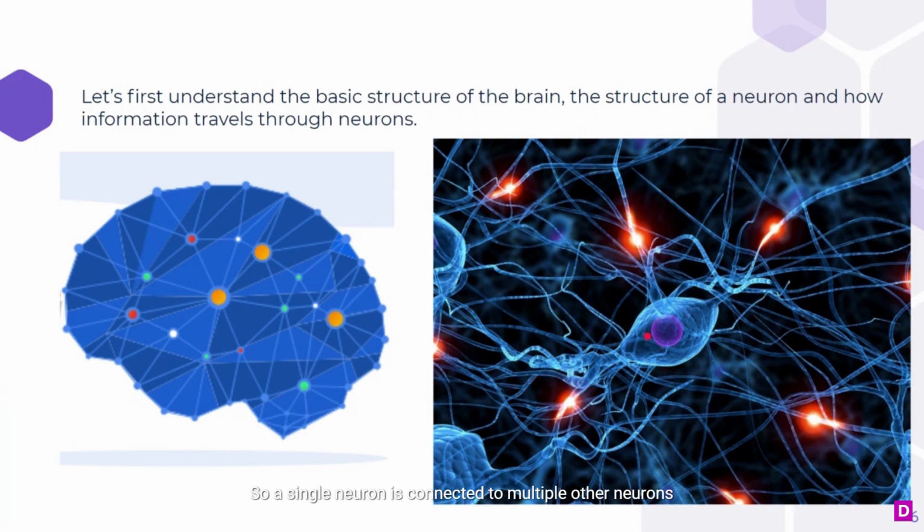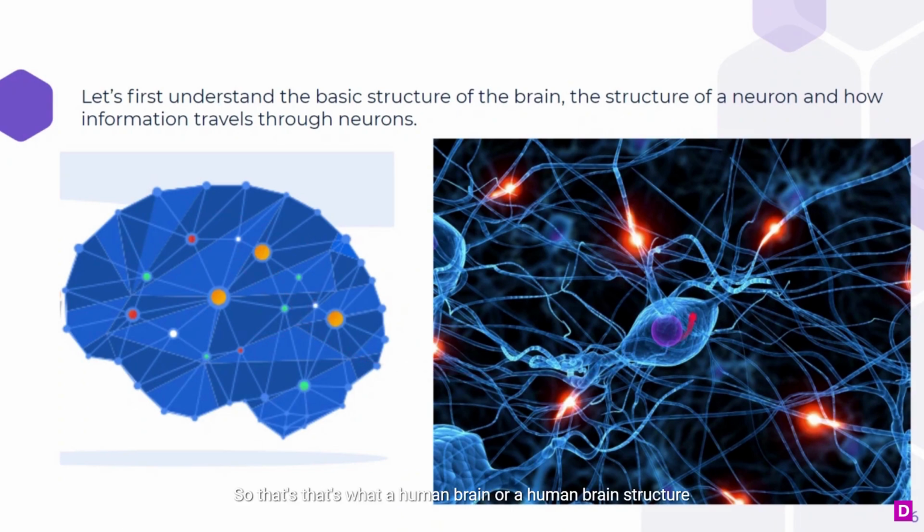A single neuron is connected to multiple other neurons internally through structures like this. In other words, it is a network of neurons. Basically, a human brain consists of a network of these small, tiny basic elements called neurons.